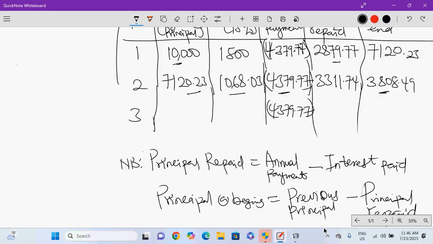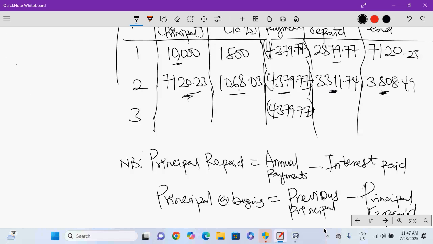You can either use 7,120.23 minus the principal repeat and get this amount, or this plus this minus this. Any of them will work.